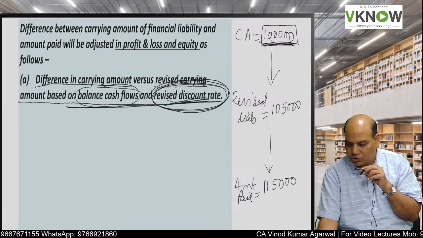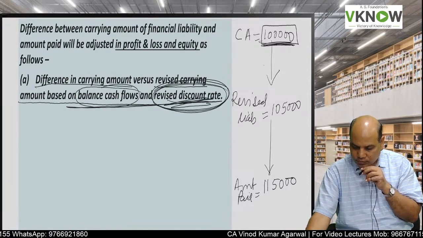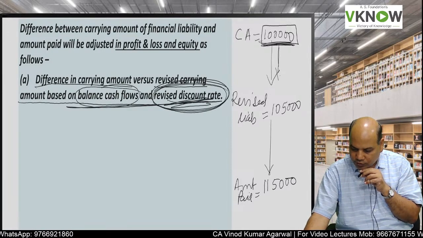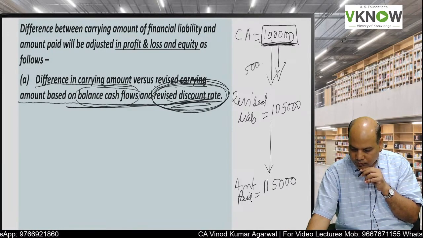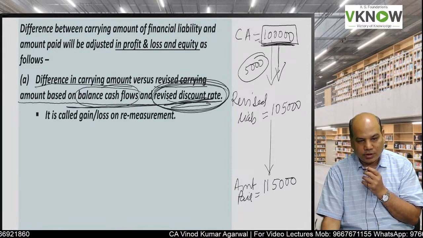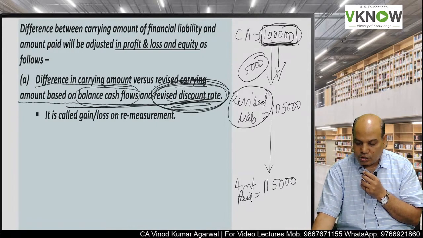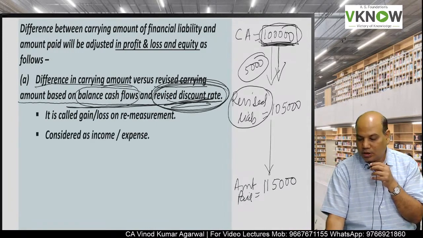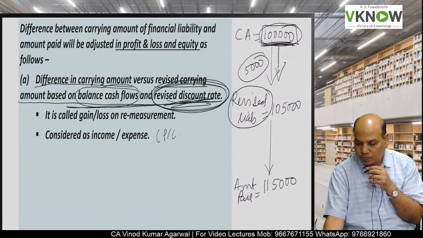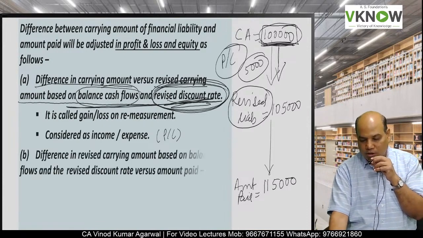So this difference of 5,000 is the gain or loss on remeasurement of liability, and it will be transferred to P&L account.